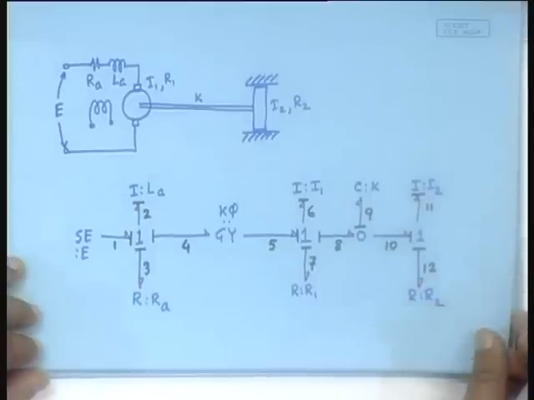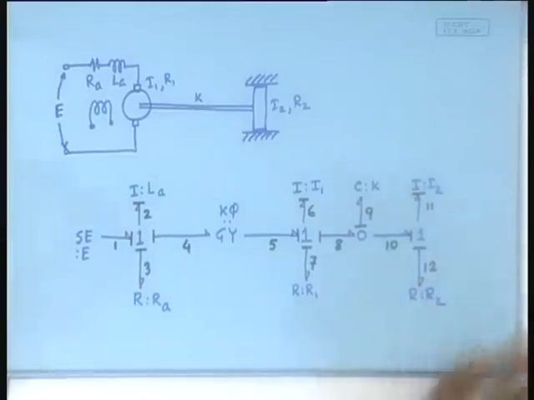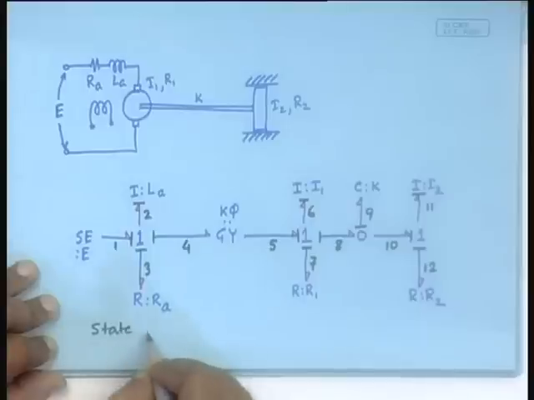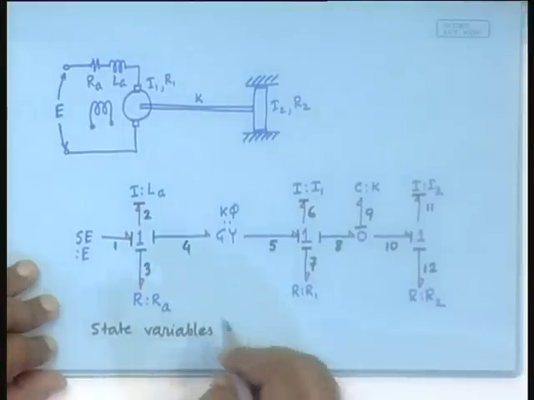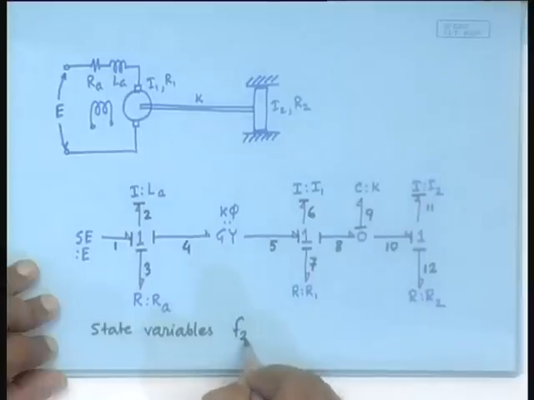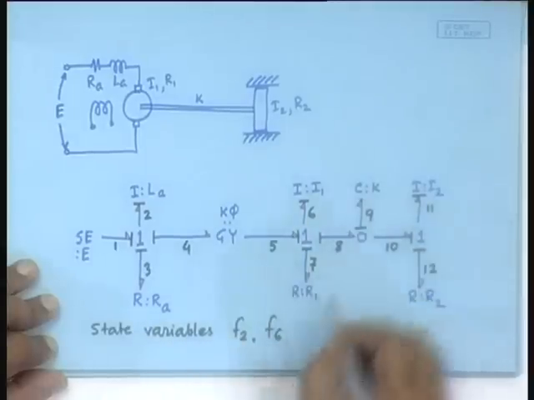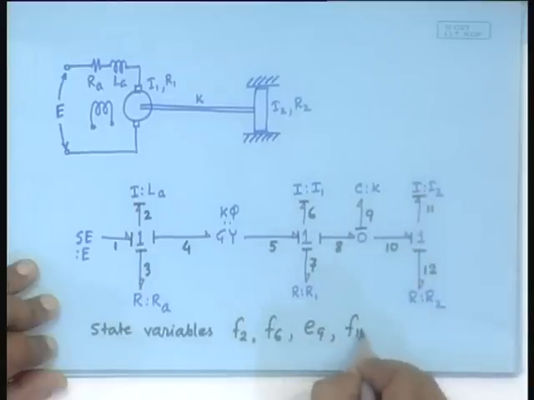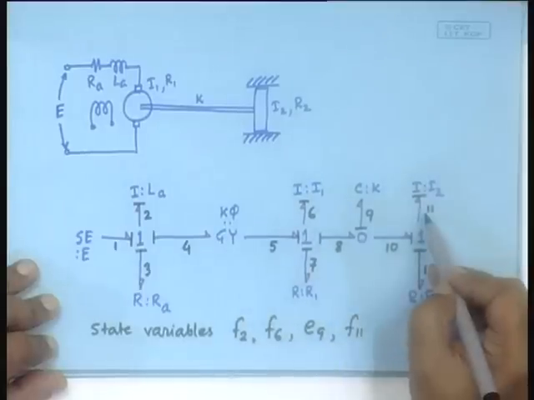Now, let us start the business of obtaining the state equations. What are the state variables here? Yes, F2, F6, E9, F11.